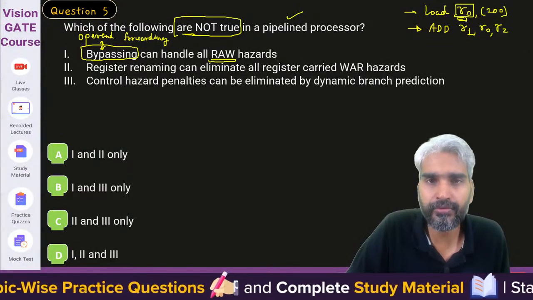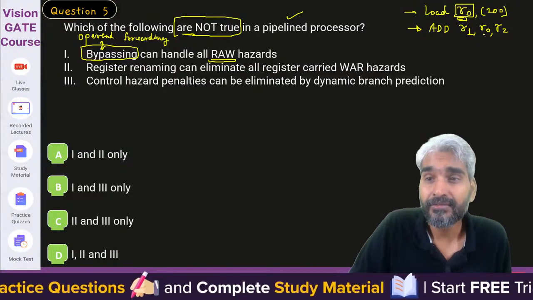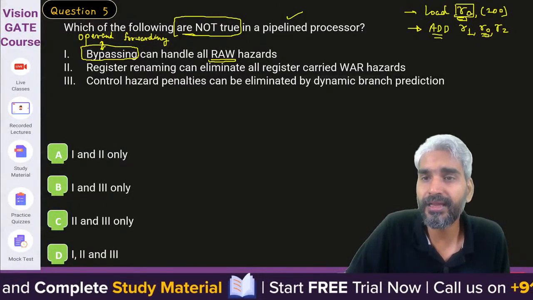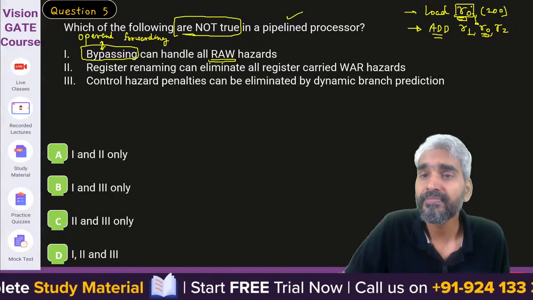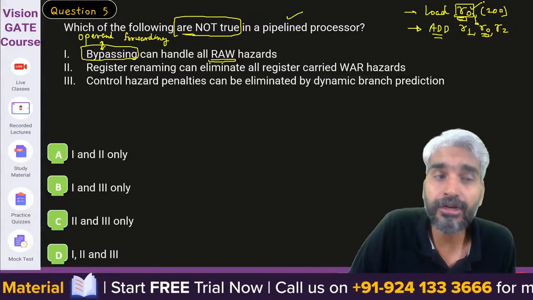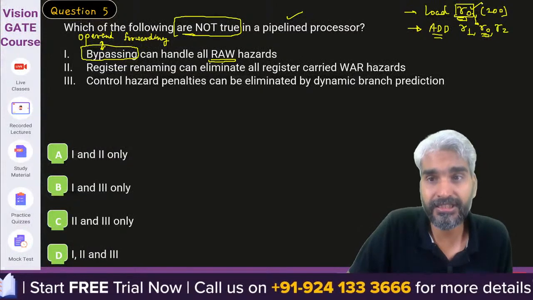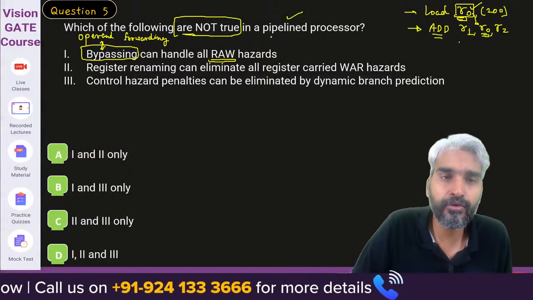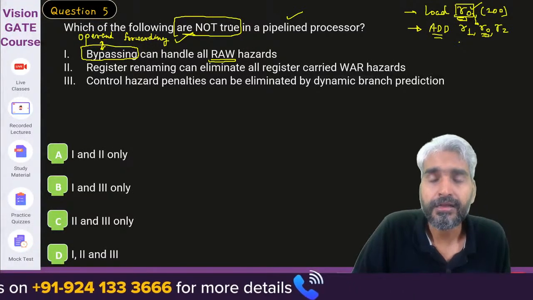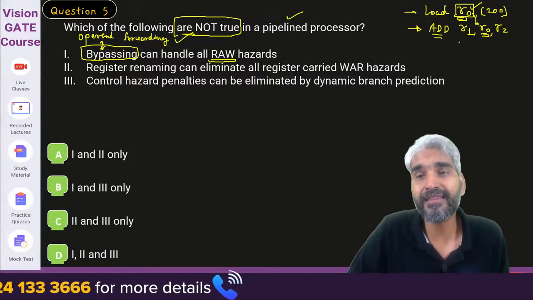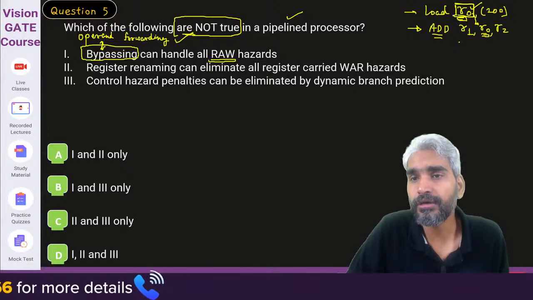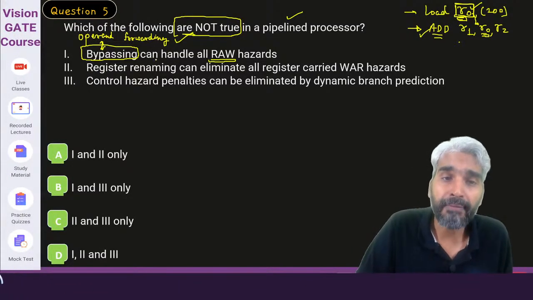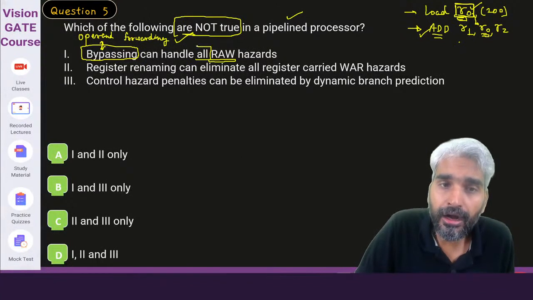So generally what do we do? In the decoding stage, we will try to provide the content to this addition instruction from the output of the execution stage, but this content of register R0 is not being evaluated by the execution stage. Therefore, even if we use the concept of operand forwarding, we will not be able to provide the content of register R0 to this addition instruction. Therefore, can bypassing handle all RAW hazards?